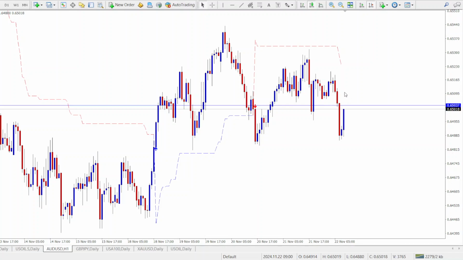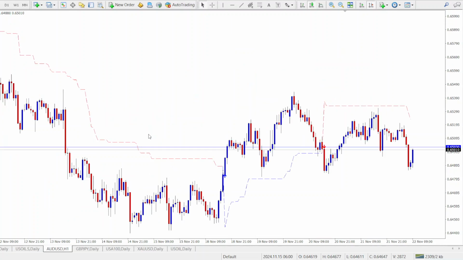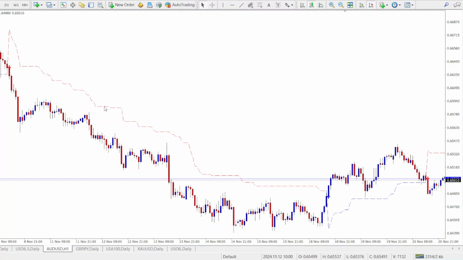As you can see, when the indicator is above the candlesticks trending downwards, it shows a sell signal. It shows a bearish signal.